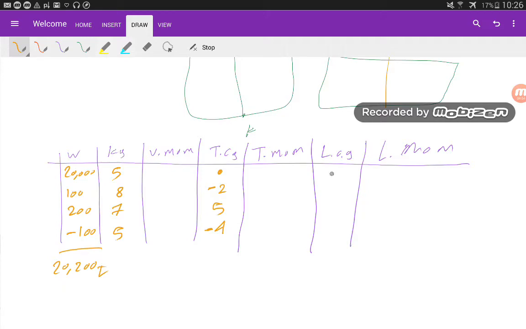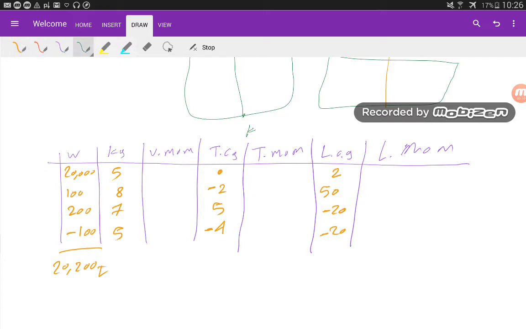Longitudinal center of gravity, our vessel was 2 meters to aft, so +2. 50 meters to the aft is 50, 20 meters to the forward is -20, and again the cargo removed from 20 meters forward will be -20.